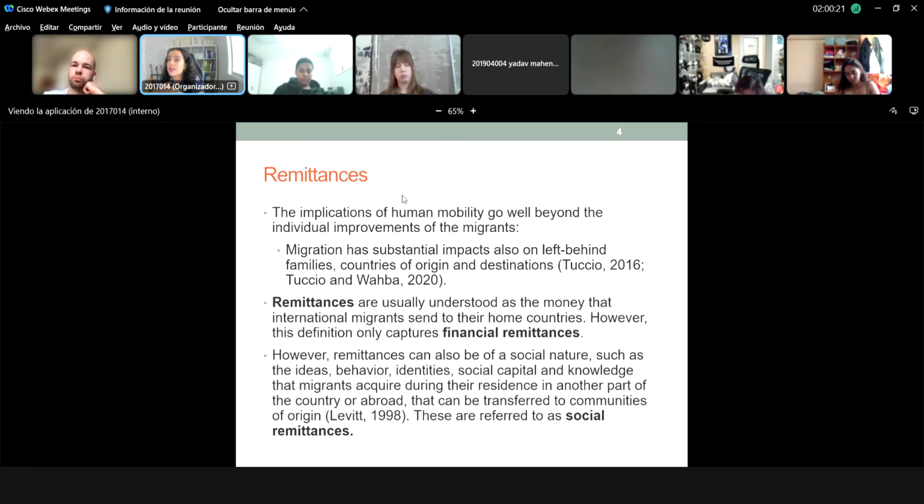Do they actually affect economic development? When countries receive lots of remittances, could this boost their economic development? What are pros? What are cons? What are limitations? What are possibilities? And we're going to look at examples from different countries.